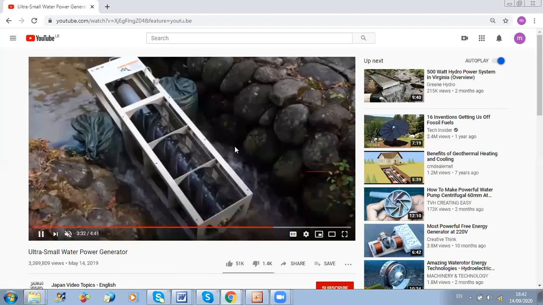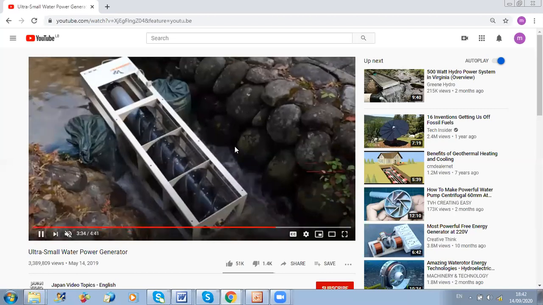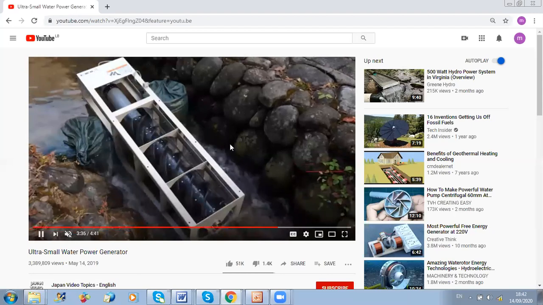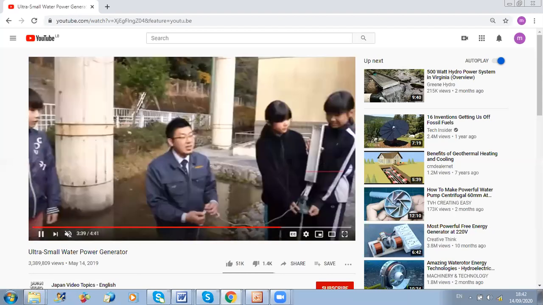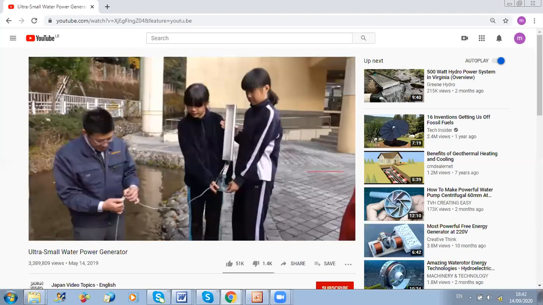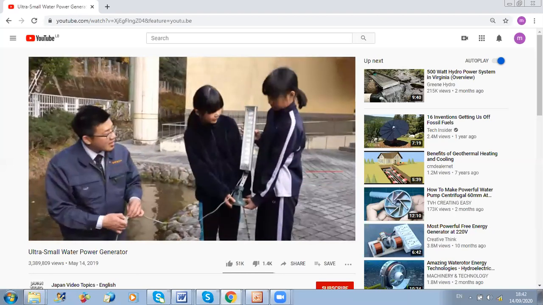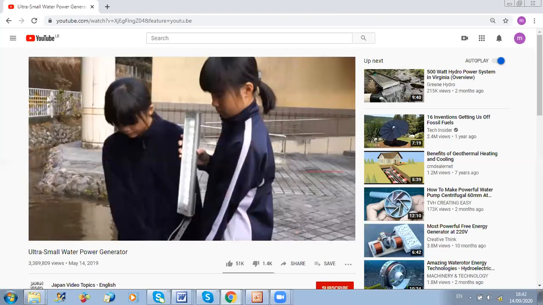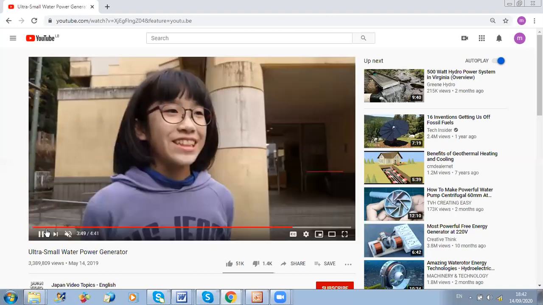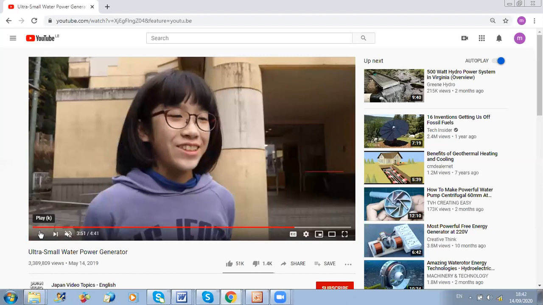So you can use this application, as we said, to light street lamps, or to produce small amounts of electricity. As you can see here, it is used to light the lamp. So this is a small application of hydroelectricity.